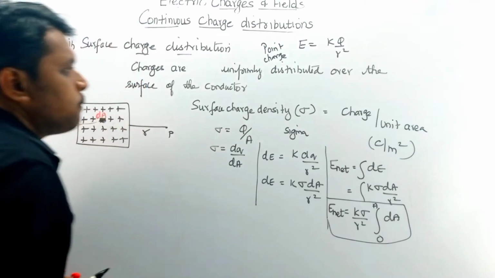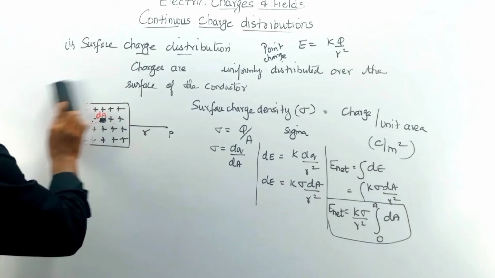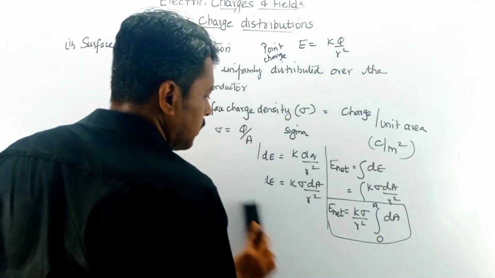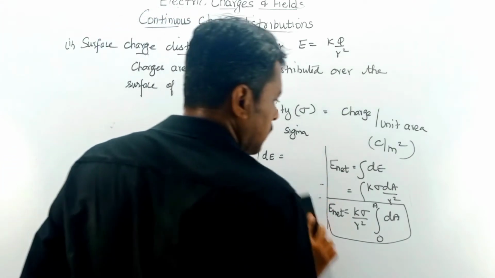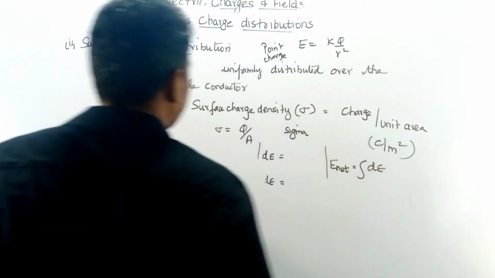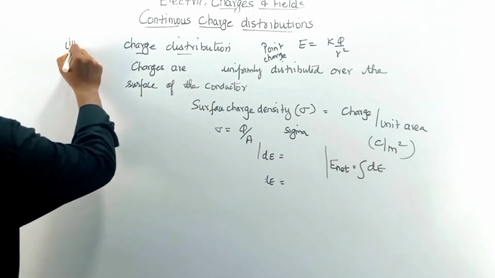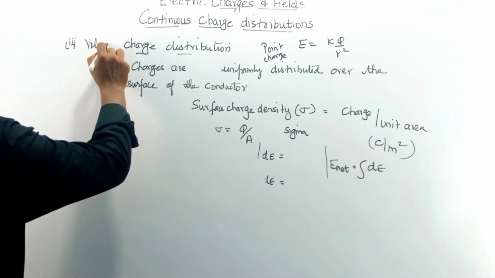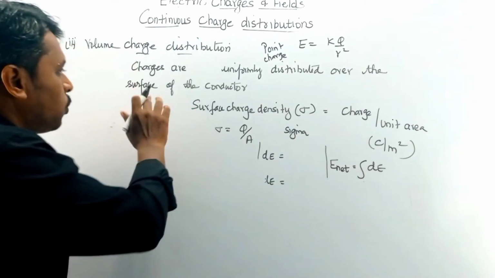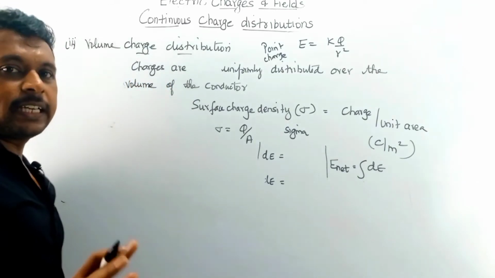Next we will see the volume charge distribution. So that is the third one. Here also the charges are uniformly distributed over the volume of the conductor.